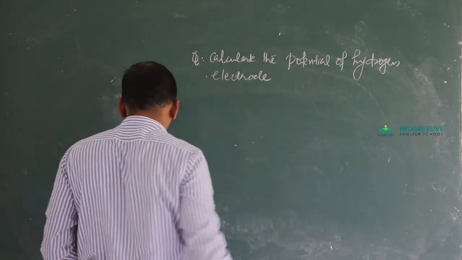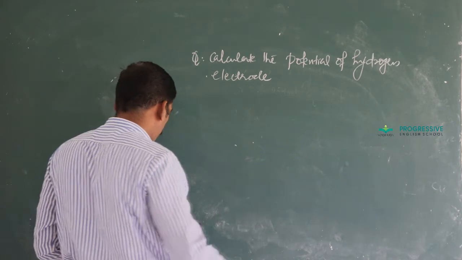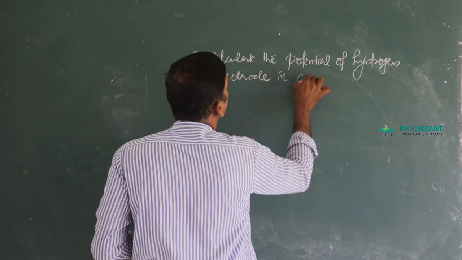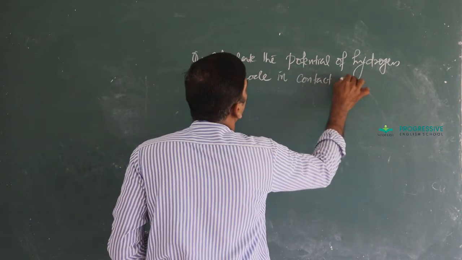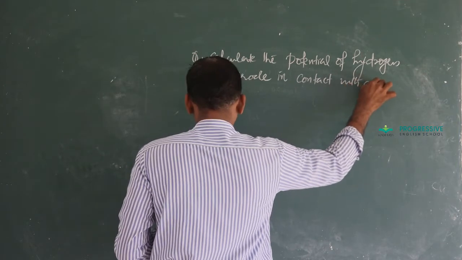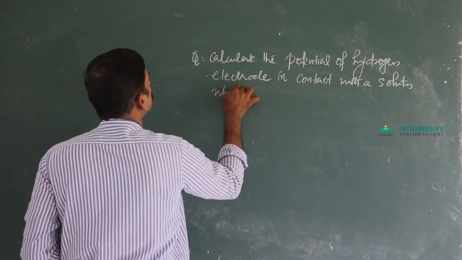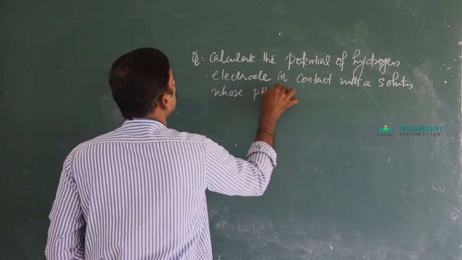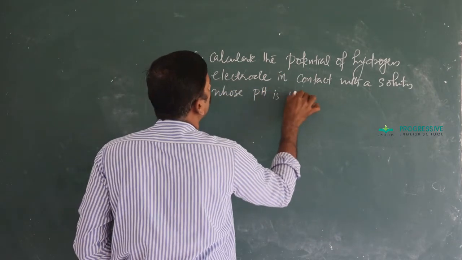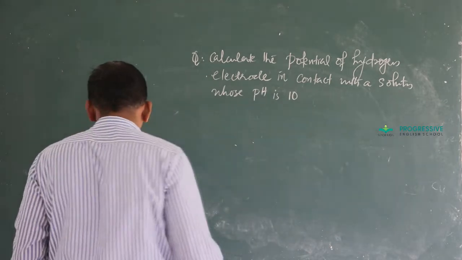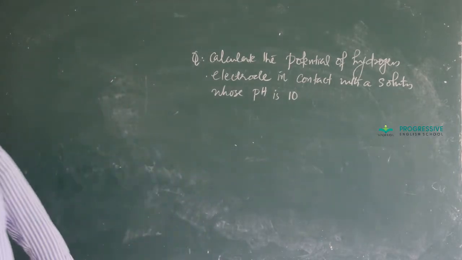Calculate the potential of hydrogen electrode in contact with a solution whose pH is 10. Whose pH is 10.